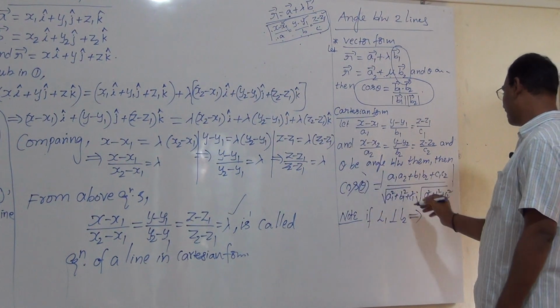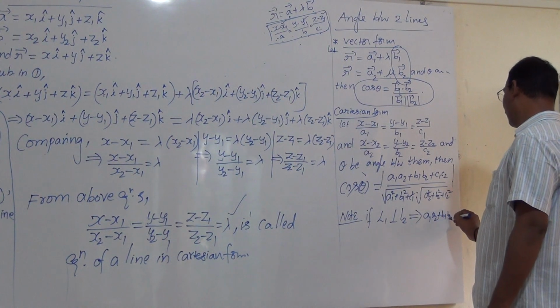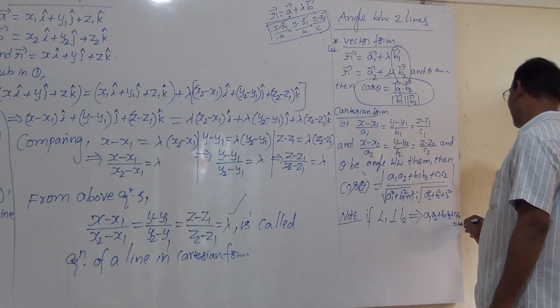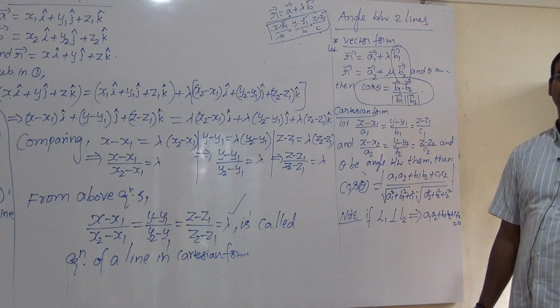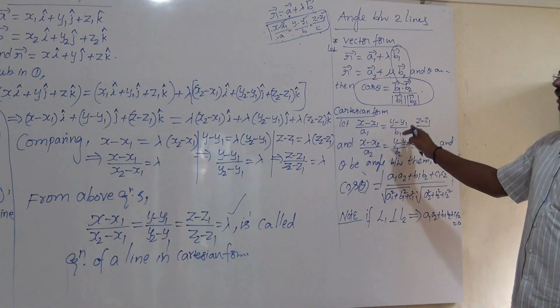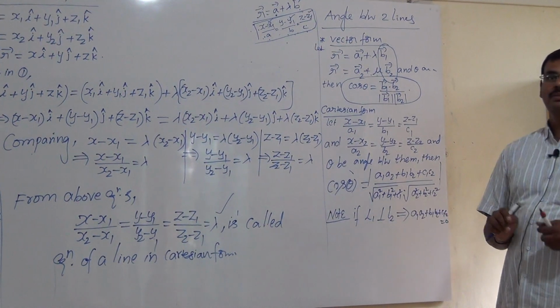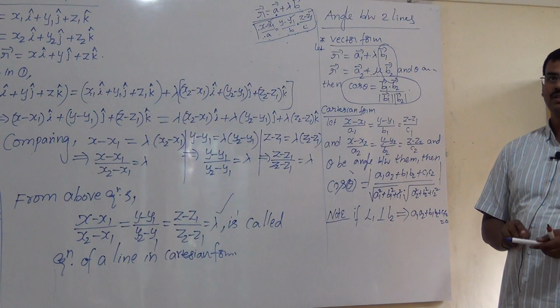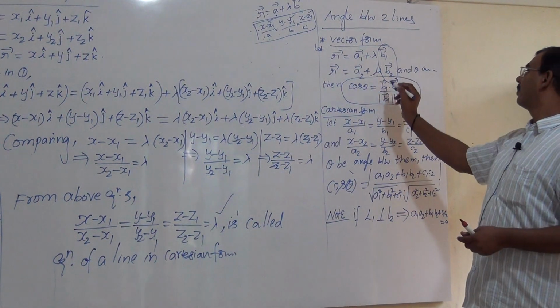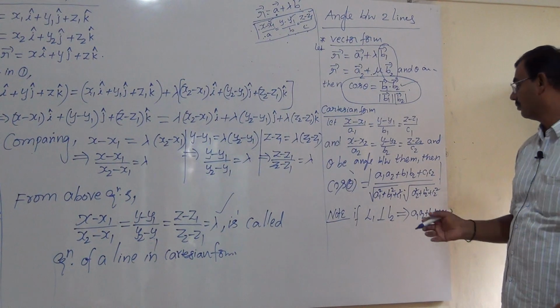Only this remains: a1 a2 plus b1 b2 plus c1 c2 is equal to 0. This is a very important condition. If two lines are perpendicular, a1 a2 plus b1 b2 plus c1 c2 equals 0. That means the dot product is equal to 0, b1 dot b2 equal to 0.